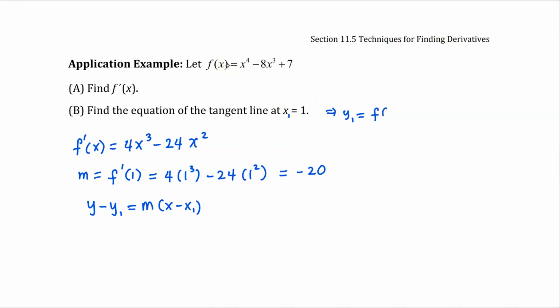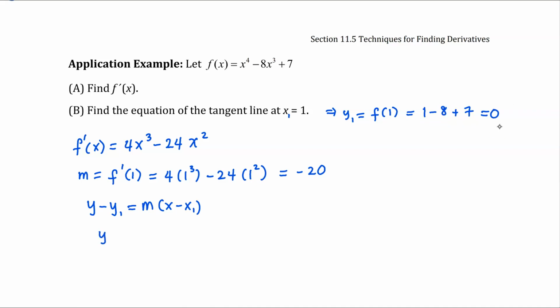So that is just f of 1. So f of 1 is equal to 1 to the fourth power is 1, minus 8 times 1 cubed is 8, plus 7. So 1 plus 7 is 8, minus 8 is 0. Our y sub 1 is equal to 0.